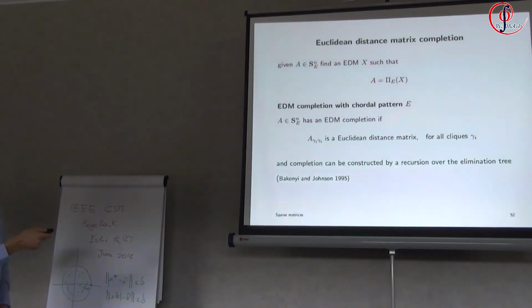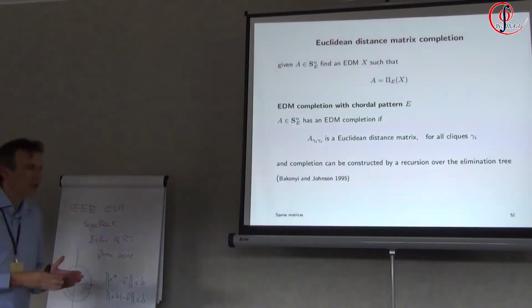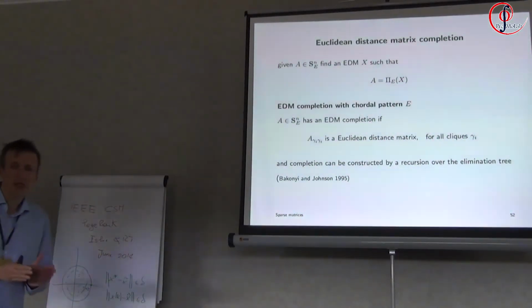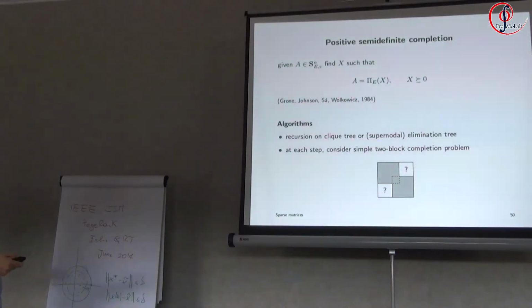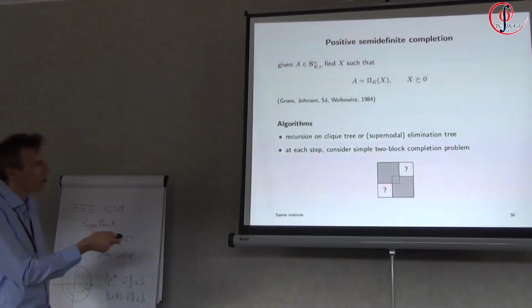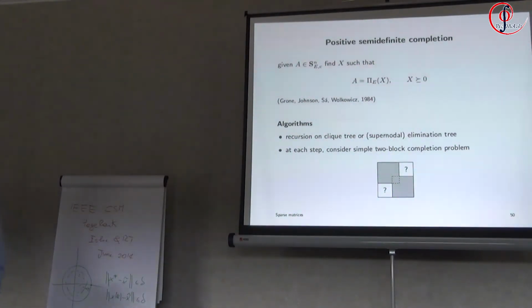If the pattern is chordal, then the matrix has an EDM completion if and only if each completely specified principal submatrix, so every clique in the graph, defines a Euclidean distance matrix. And if this is true, you can quite easily find an algorithm that solves the completion problem for a chordal pattern by first looking at the 2x2 block case and then extending it to a general pattern using the clique tree.